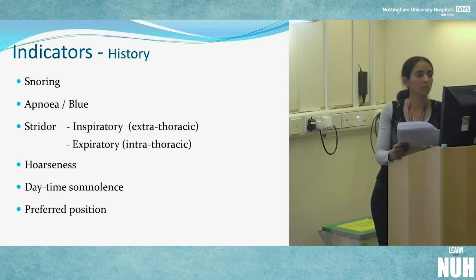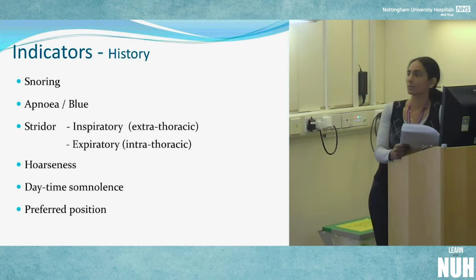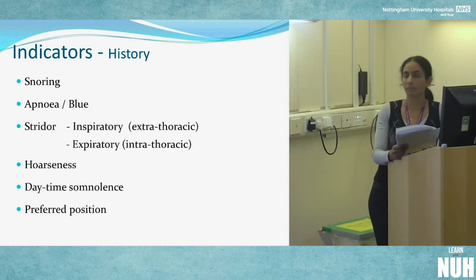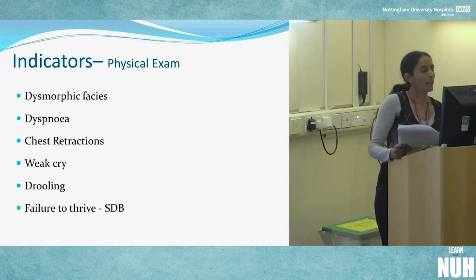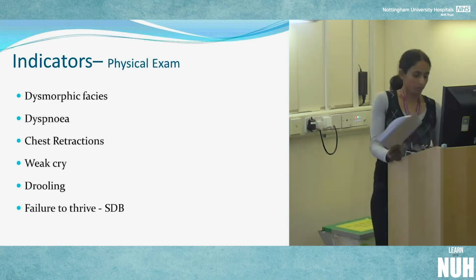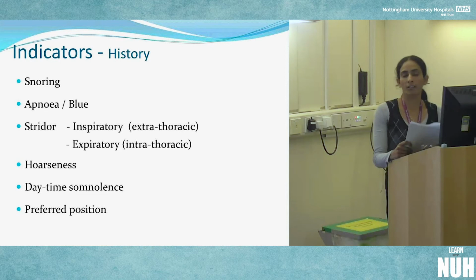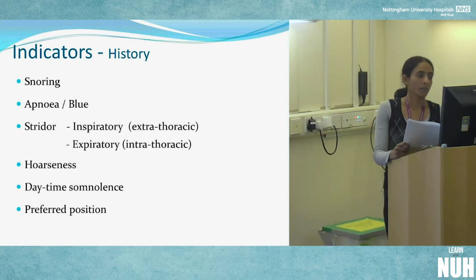Some of the indicators which might suggest that it's going to be difficult are snoring, daytime somnolence, which might indicate that they've got sleep disordered breathing or OSA. Dyspnea, so episodes of the child going blue when at home. It might be either respiratory or cardiac in origin.